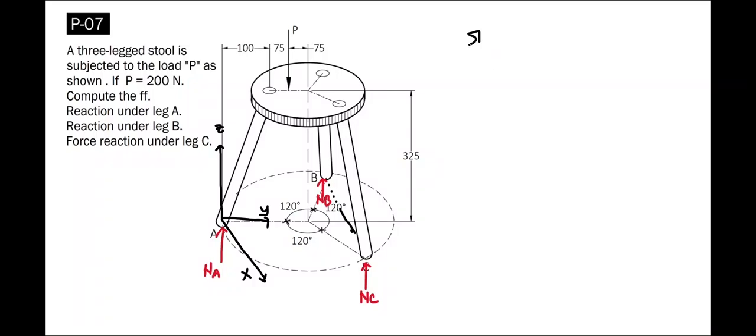By taking summation moment along the y-axis equal to 0, considering clockwise to be positive. But first, we need to solve for the radius of this bigger circle, which has a length of 100 plus 75 plus 75, that is 250 units. That is the radius for this bigger circle.